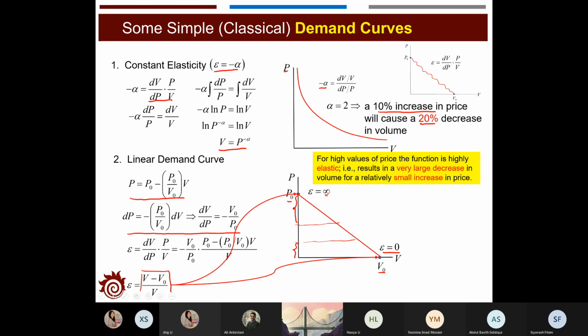Of course, these are two ideal cases: the constant elasticity and the linear demand curves. This is not the common scenario for most real-world products.